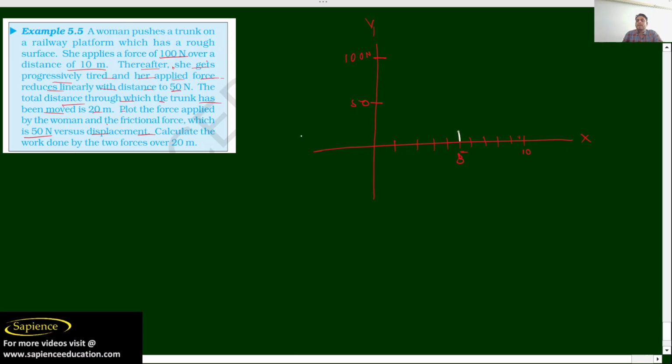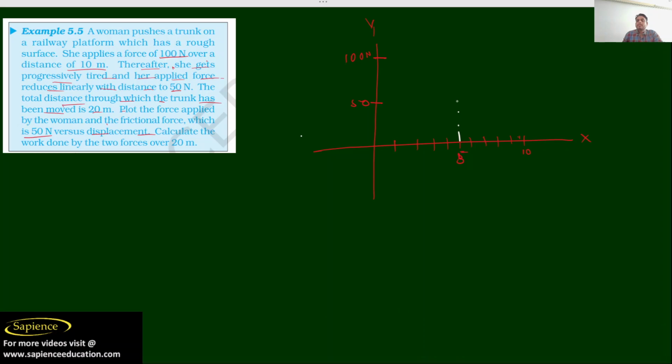At a distance of 5 meter, how much force is being applied? 100 Newton. So can we draw the graph like this? She applied a force of 100 Newton up to 5 meter, and after that what happens?